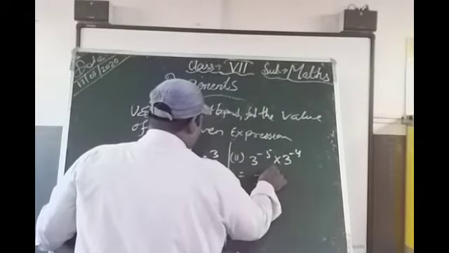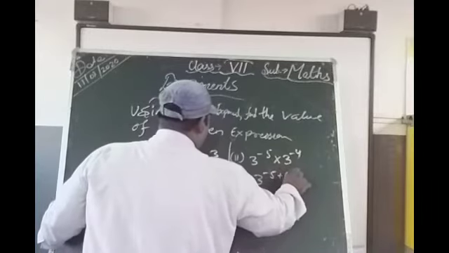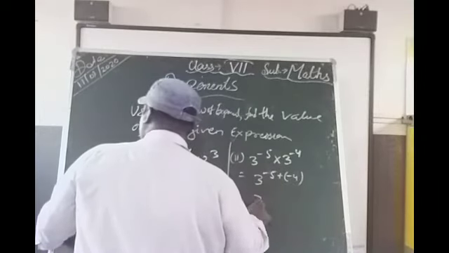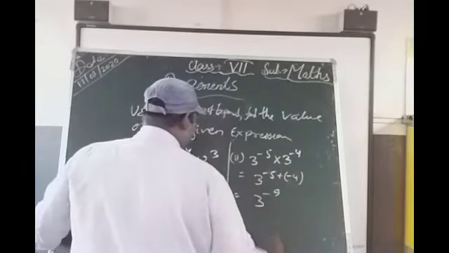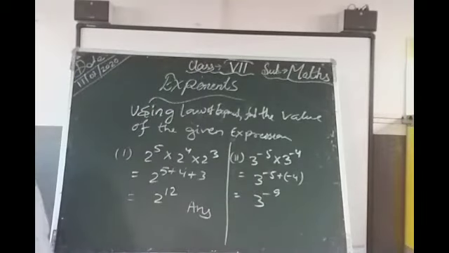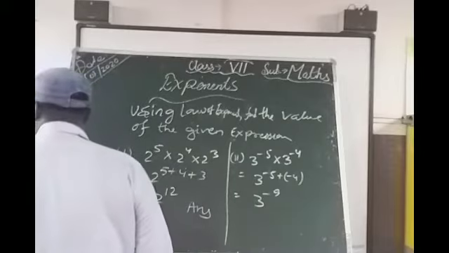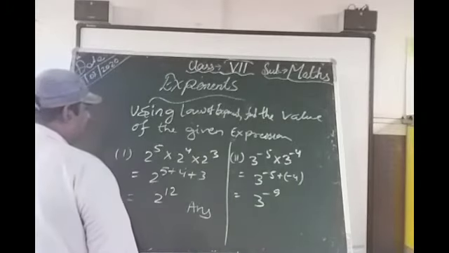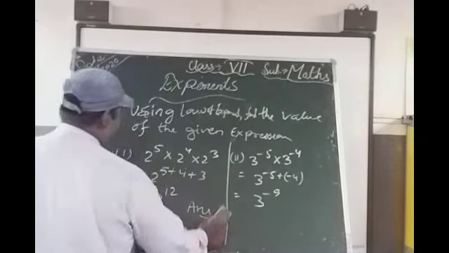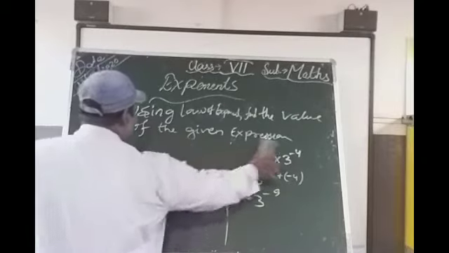That will be 3 power minus 5 plus minus 4, that will be 3 power minus 9. Okay, this is the first law.